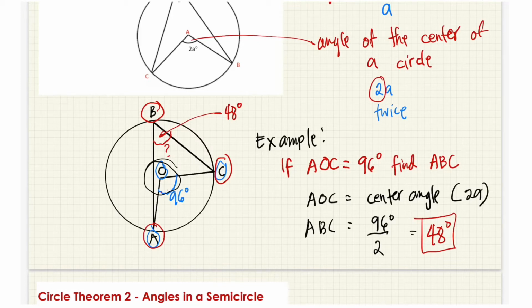So that is how you're going to do that. This one here is just divided by 2. And 48 degrees times 2 is equal to 96 degrees. Okay? Next.